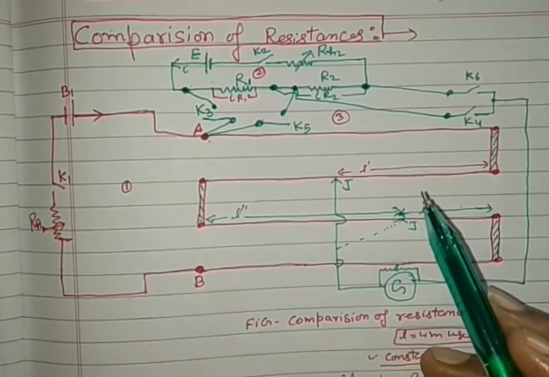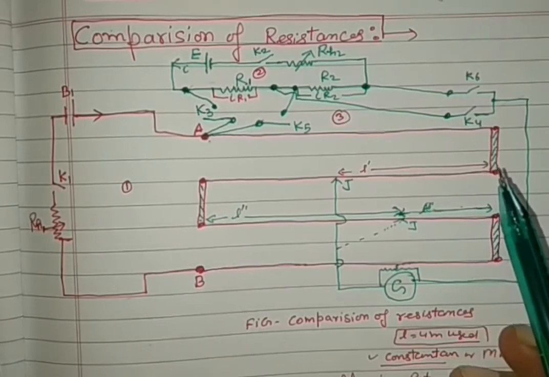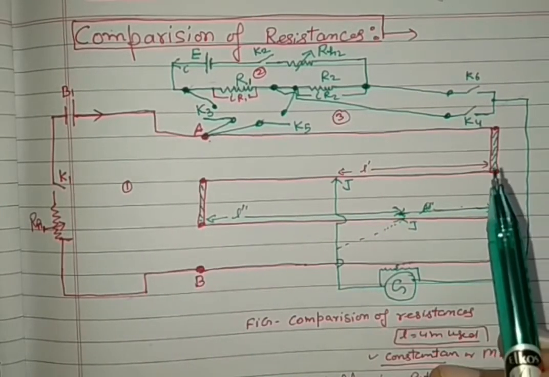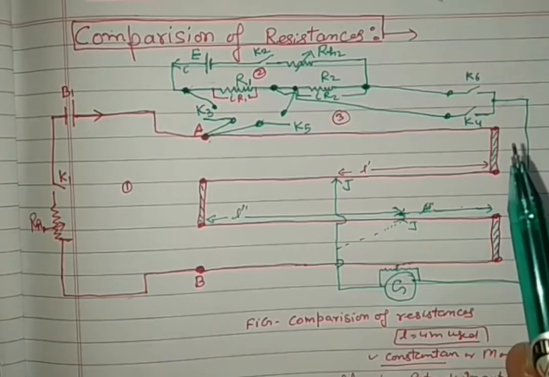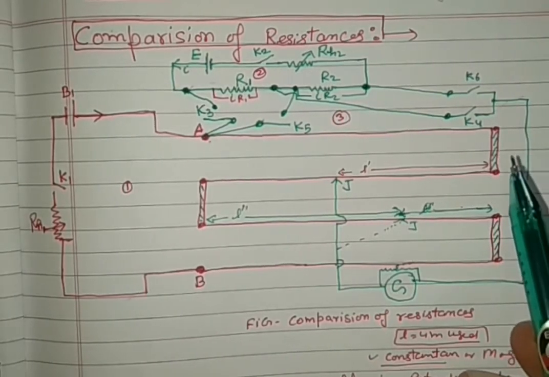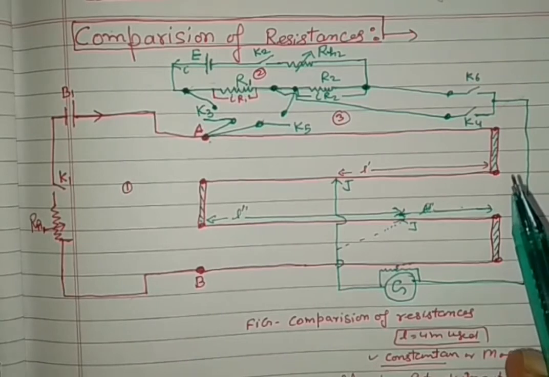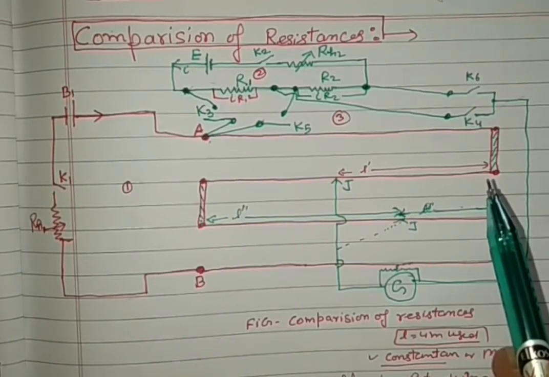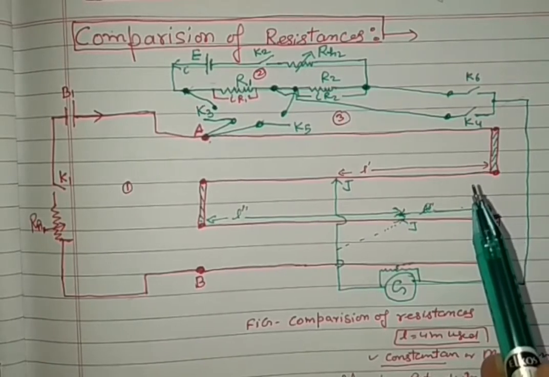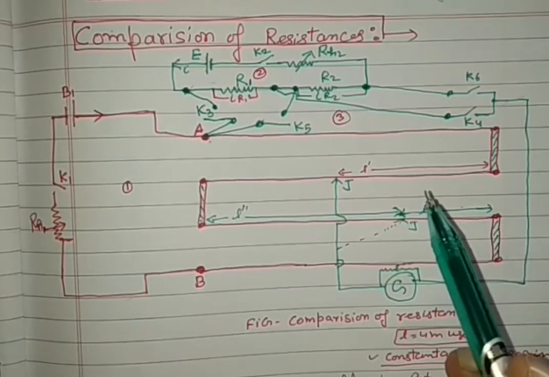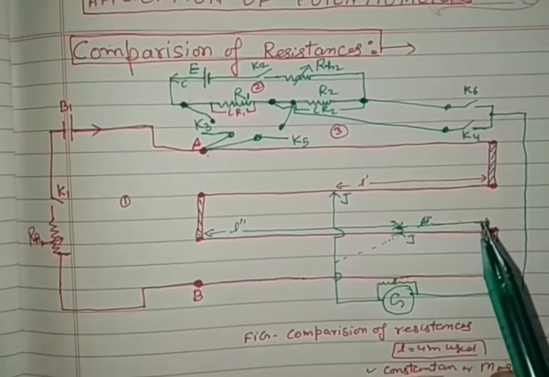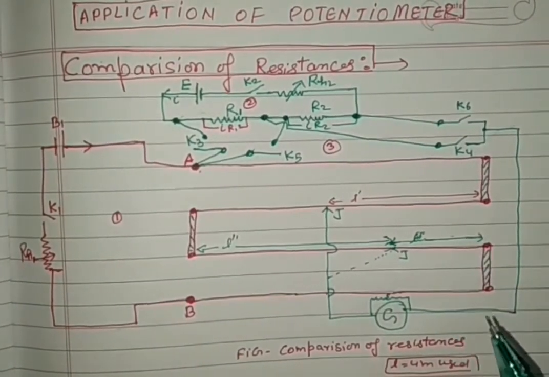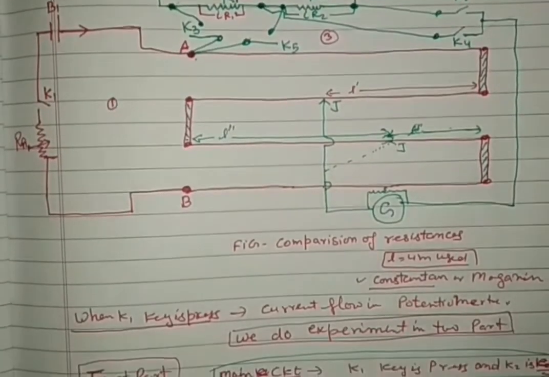And see one more thing: six keys are used here. Press a key only until you get the reading. Otherwise, keep all keys open. If they are closed, unnecessary heat will be produced that will change the resistance of the wire and give a wrong reading.